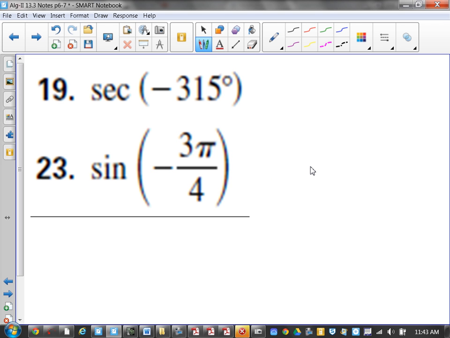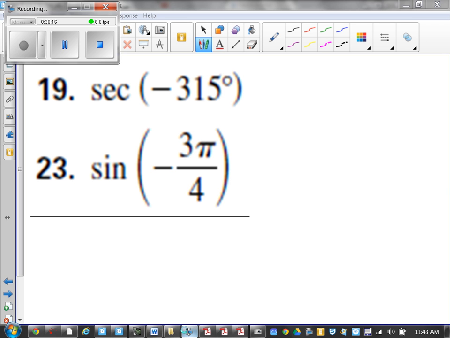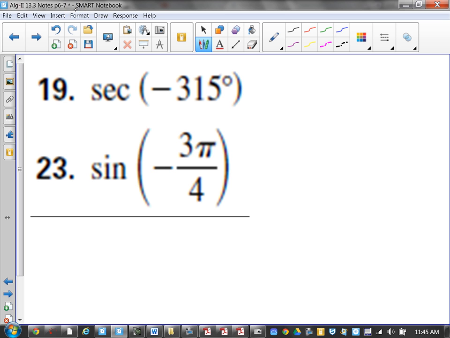Take a second, do those two. If I'm at secant of negative 315, one of the things that you guys will have a tendency to do when you're working through this is you're just going to go the wrong direction. It's negative, so you go clockwise.